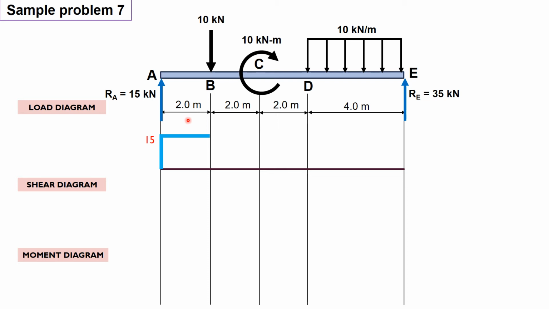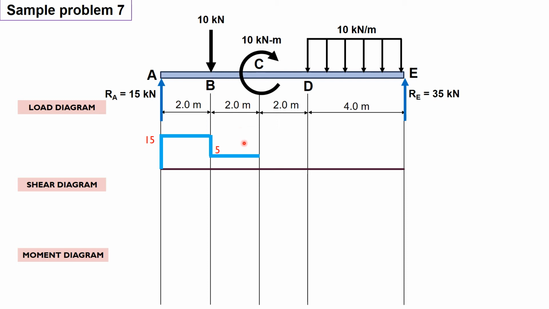Pagdating sa B, you have downward of 10. So, 15 minus 10 will give you 5. And then, no load between B and C, so horizontal. Ang 10 kilonewton meter couple is not included kasi sa moment diagram kasama ito.